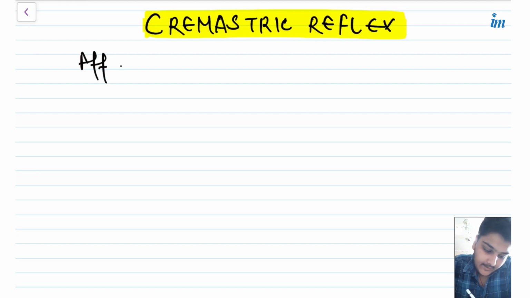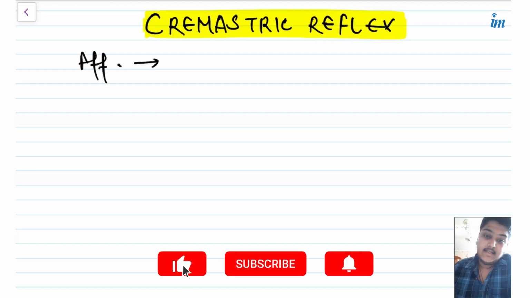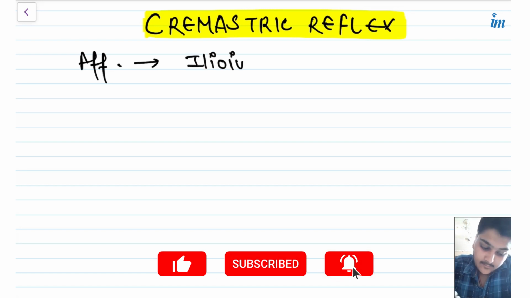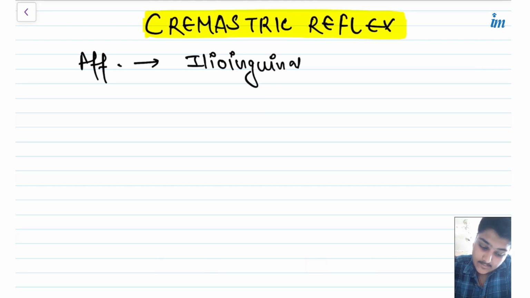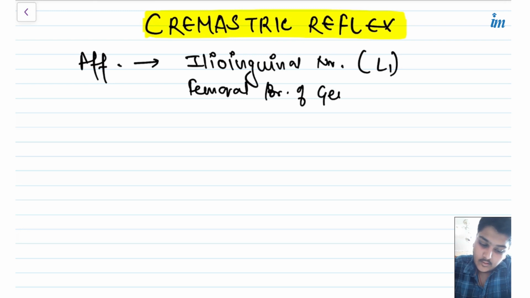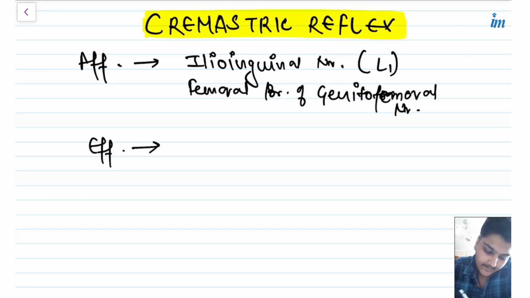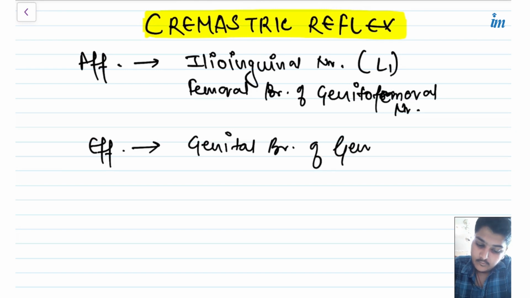So the afferent for cremasteric reflex, that is taking the information to your brain, is ilioinguinal nerve, root value L1, and one more, that is the femoral branch of genitofemoral nerve. And the efferents are taken by the genital branch of genitofemoral nerve, root value L1, L2.